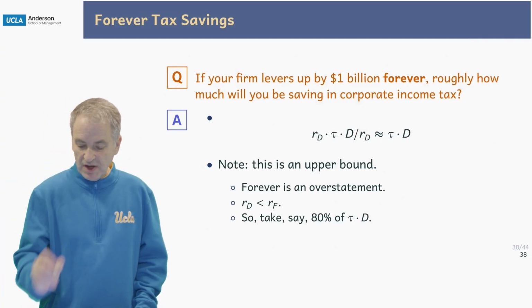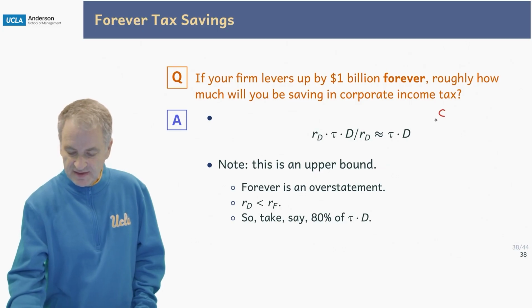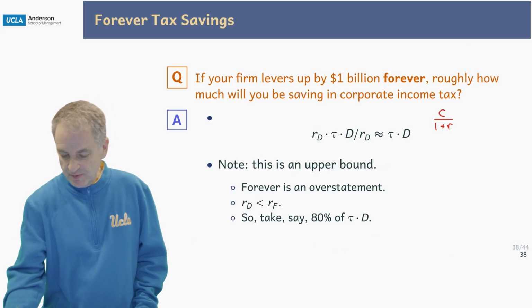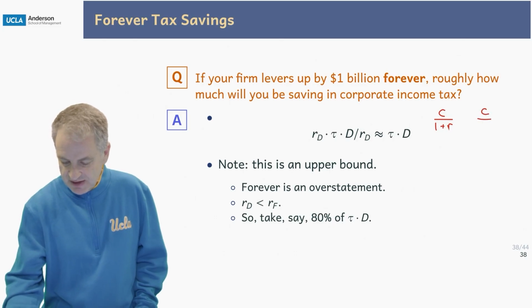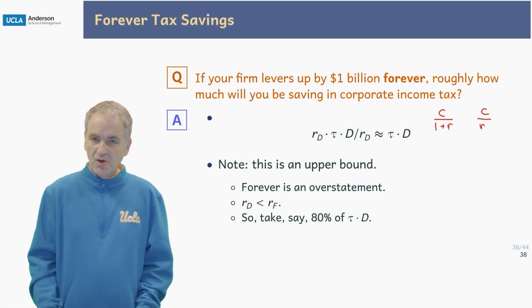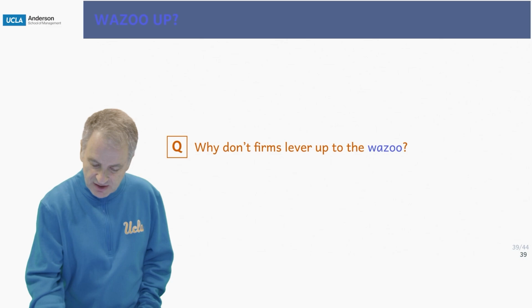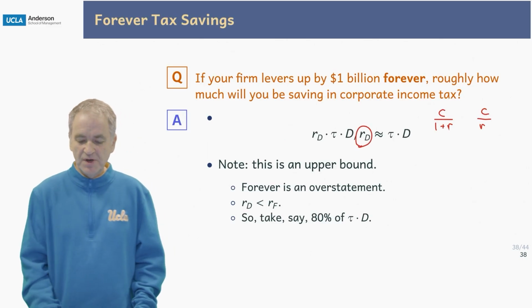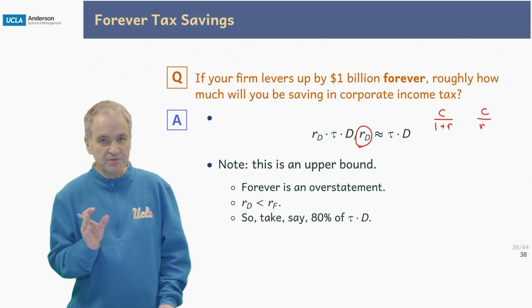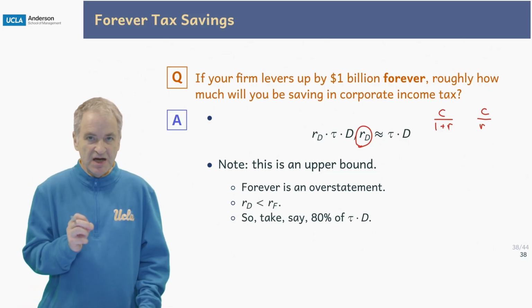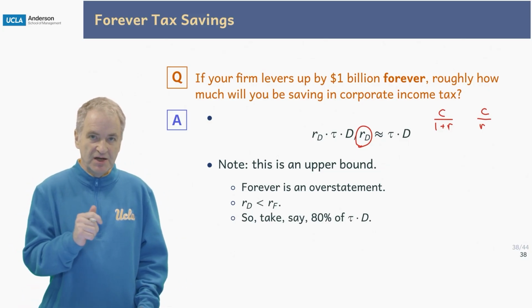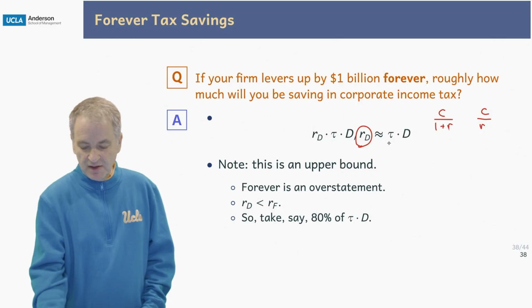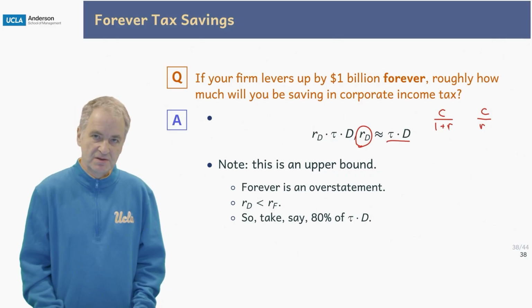So remember, when we had one period, we had C divided by 1 plus R. When we had a perpetuity, we used C divided by R. What we have here now is we divide by R instead of 1 plus R. Now, this becomes interesting because I have an R at the top, I have an R at the bottom, and those roughly cancel out.